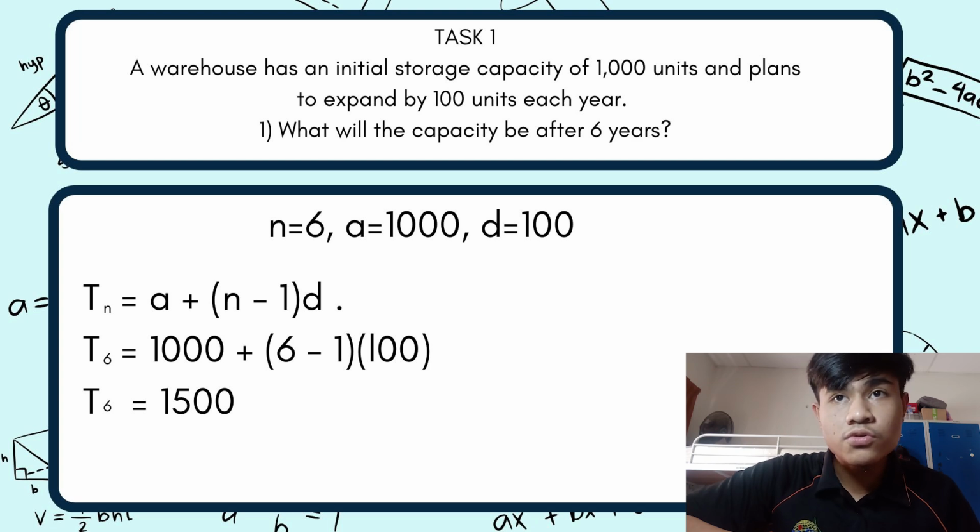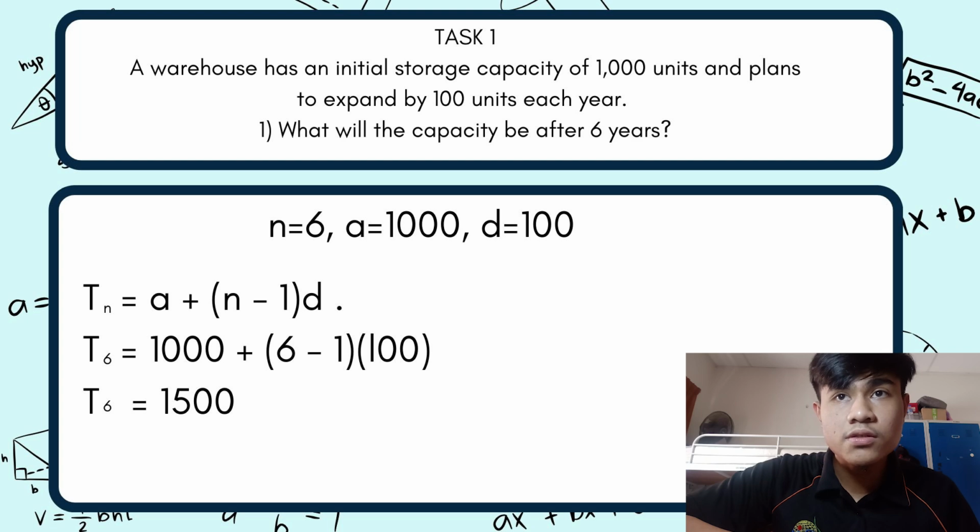So we are going to use this equation, which is Tn equal to A plus n minus 1 multiplied by D. We just insert the information that we get into the formula.